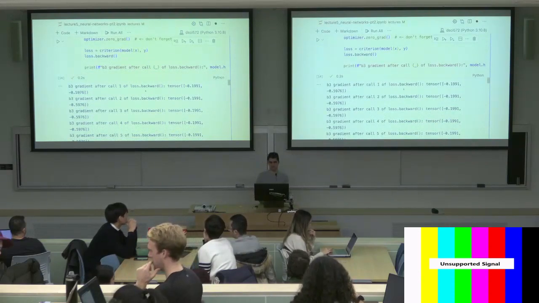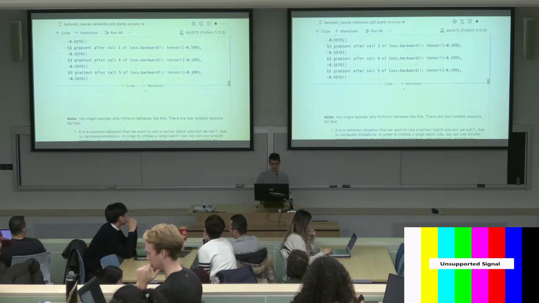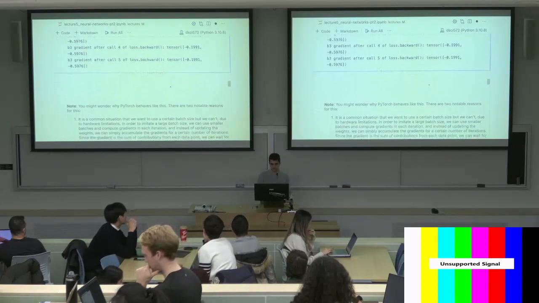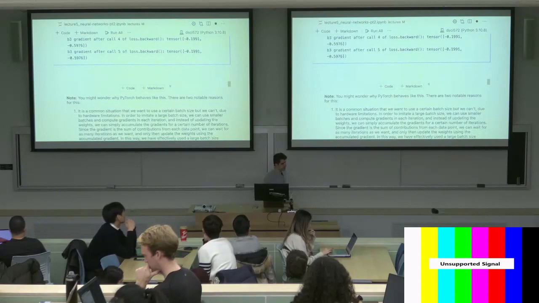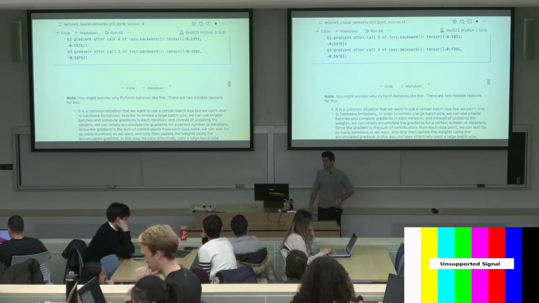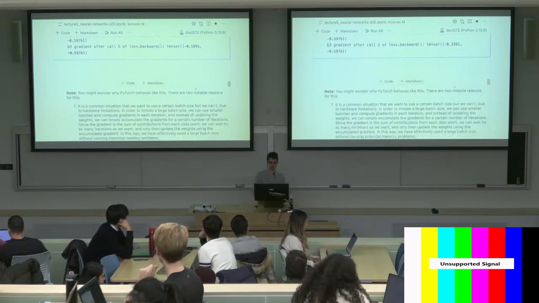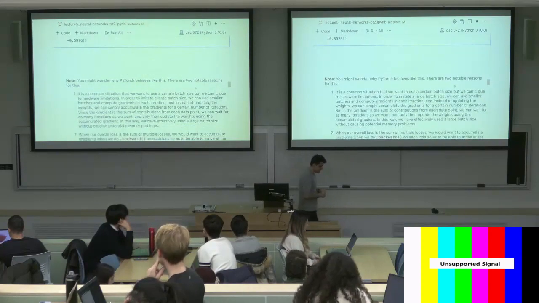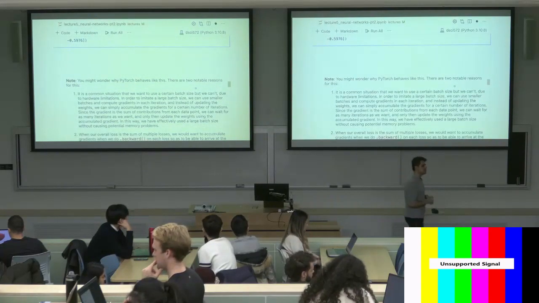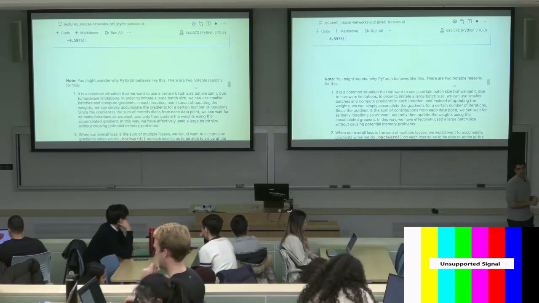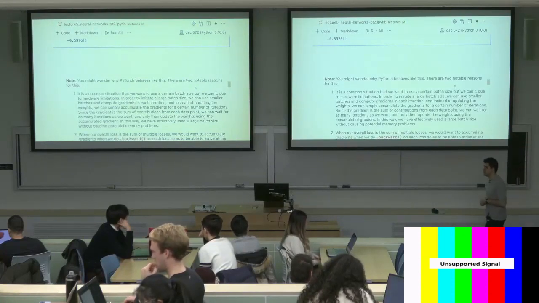Okay, the reason that PyTorch doesn't clear the gradients automatically has two notable explanations. One is that sometimes we are interested in using larger batch sizes, but because of hardware limitations, we're not able to.